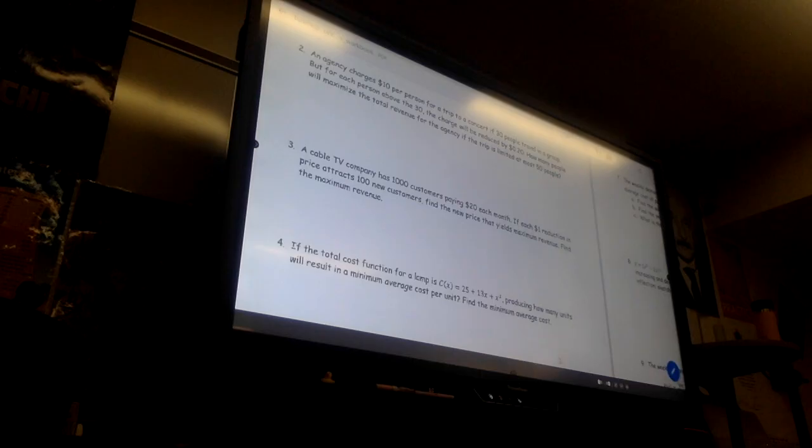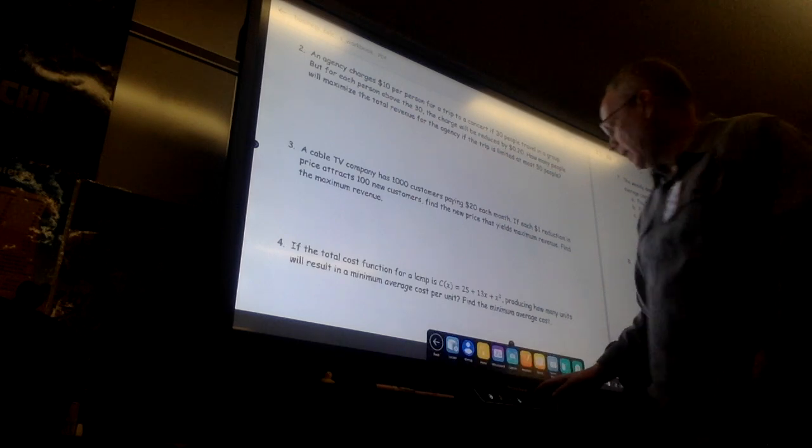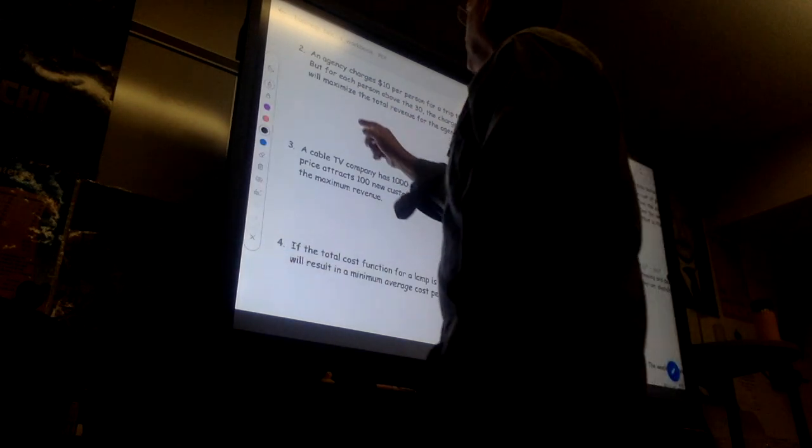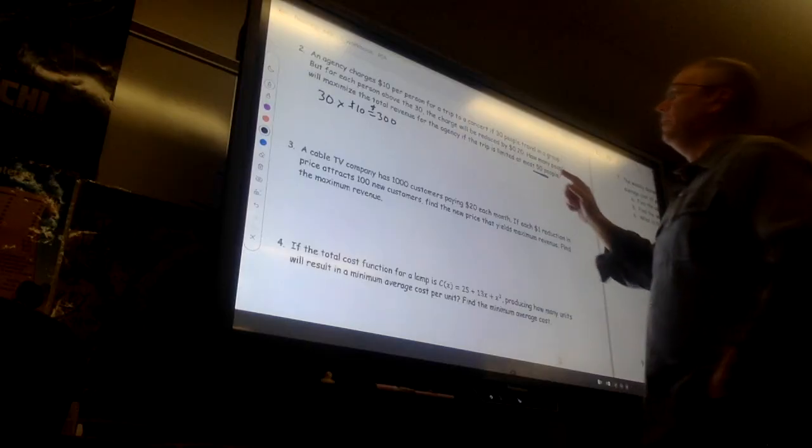How many people will maximize the total revenue if the trip is limited to 50 people? Okay, so if we step through and think of what's taking place, 30 people times $10 would be 300.